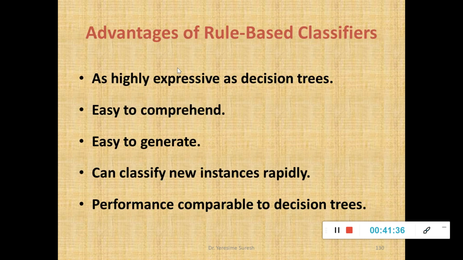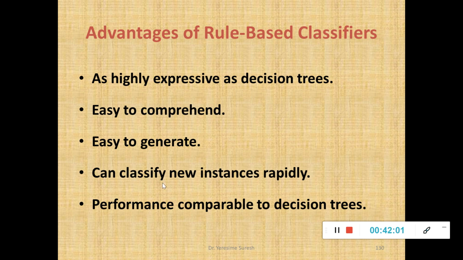Now we'll see the advantages of rule based classifiers. They are highly expressive like decision trees, because in a decision tree you use the graphical representation. From the decision tree you extract rules, so both are equivalent and highly expressive. Rules are easy to understand because you traverse from root node to leaf node, and easy to generate also.